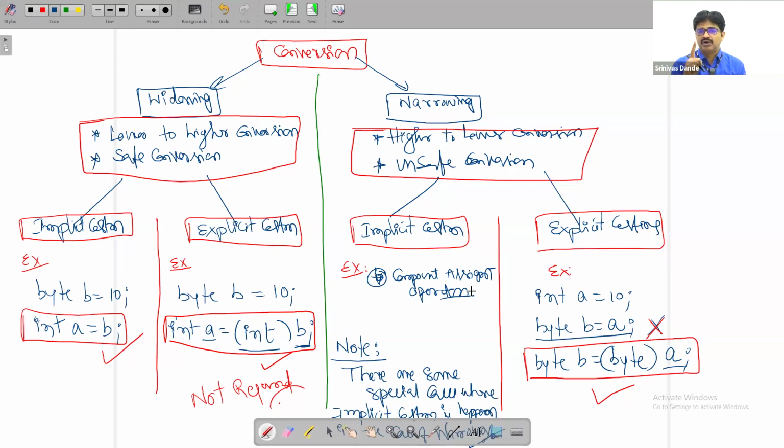In the case of compound assignment operators, special case one: implicit casting is happening in the case of narrowing. Understand, guys?